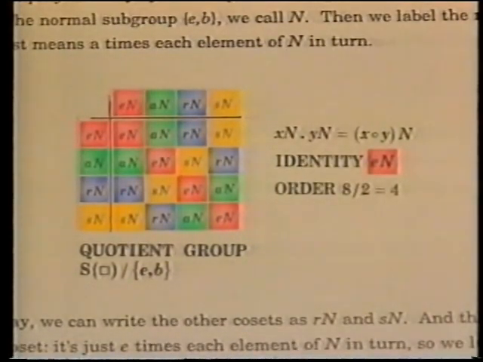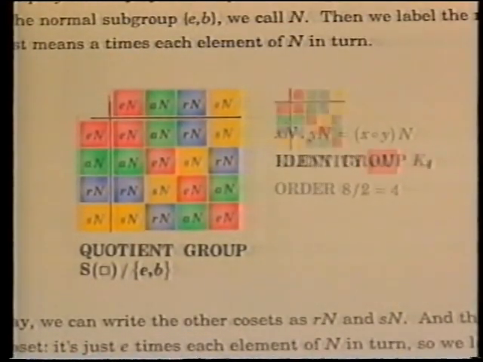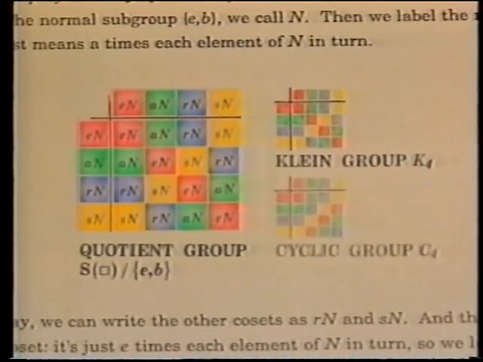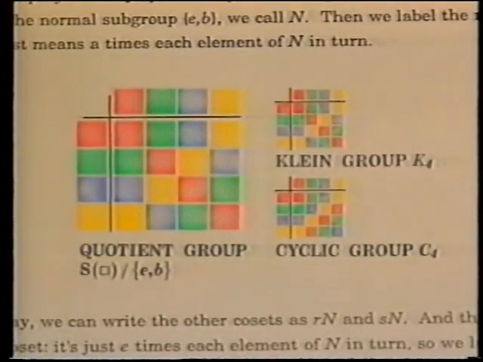Now, up to isomorphism, there are just 2 groups of order 4, the Klein group and the cyclic group. The colored blocks represent the different elements in these. So, which of these is our quotient group isomorphic to? Let's use the colors to compare the tables.